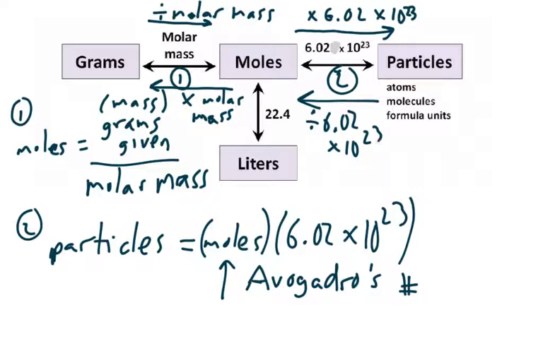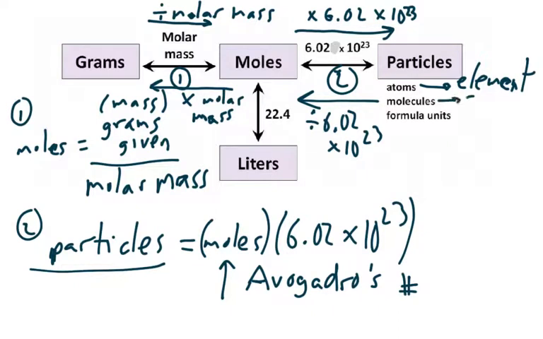Now, what exactly is a particle? Well, a particle is a generic term. It depends on what we're talking about. If we're talking about an element, we're going to use the word atom to describe a particle. So anytime it's an element, we'll refer to it as an atom. If we're looking at a compound, it depends on the compound.